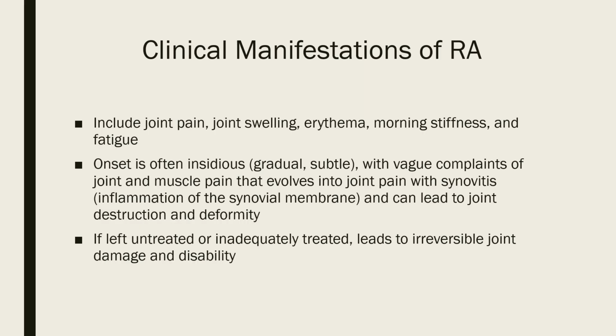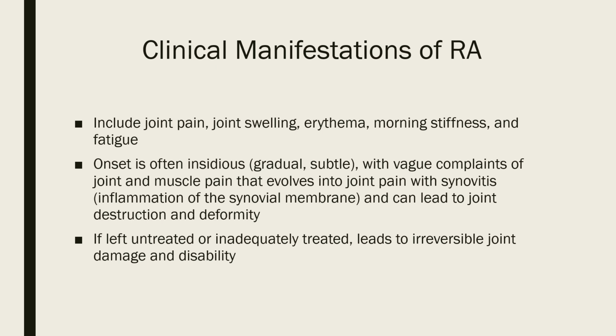So, some clinical manifestations of rheumatoid arthritis will include joint pain, joint swelling, erythema, morning stiffness, and fatigue. Onset is often insidious, meaning gradual and subtle. So, onset will be gradual with vague complaints of joint and muscle pain that will evolve into joint pain with synovitis.